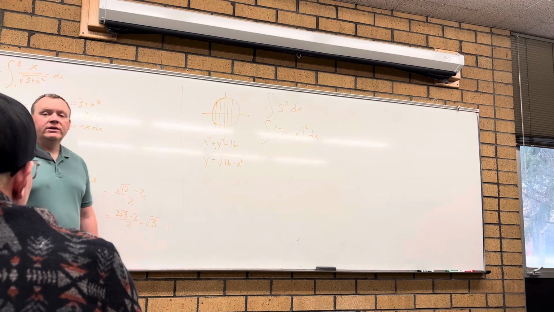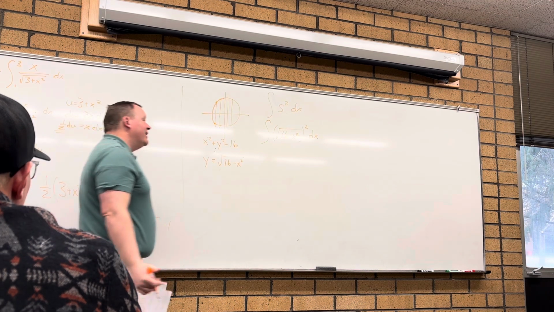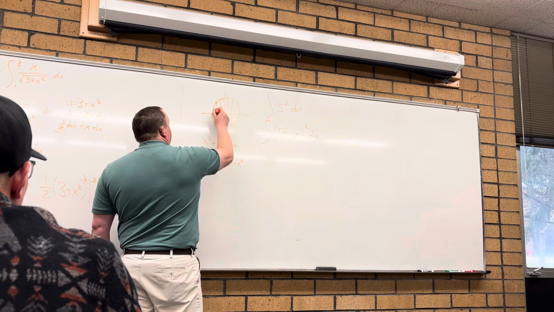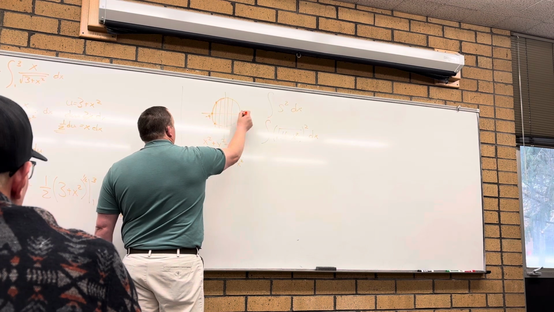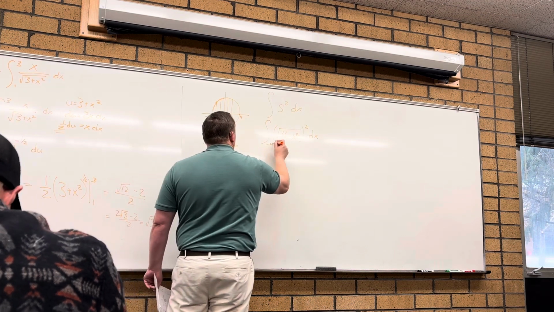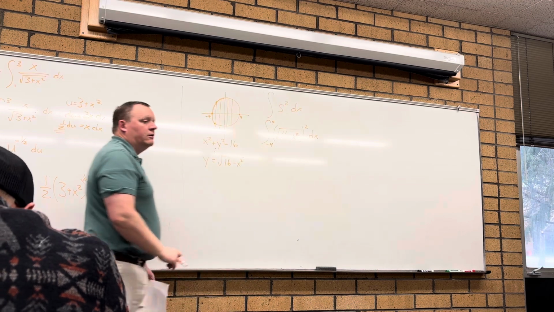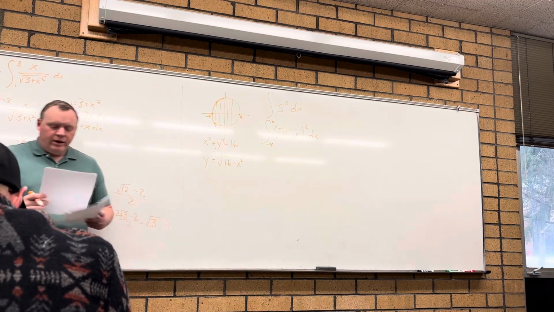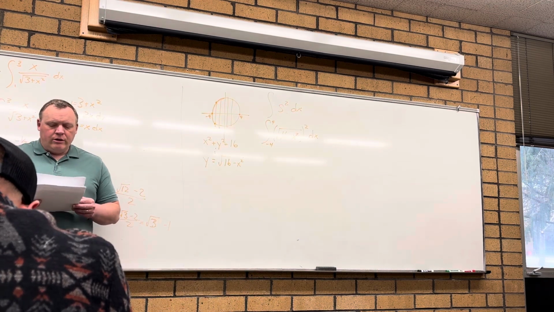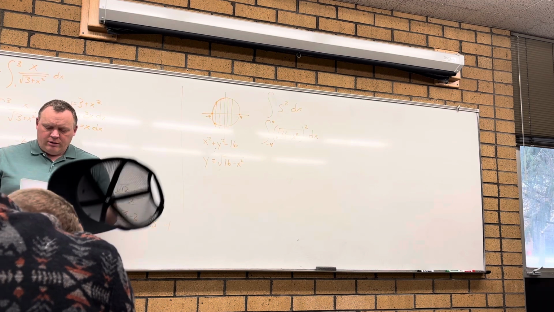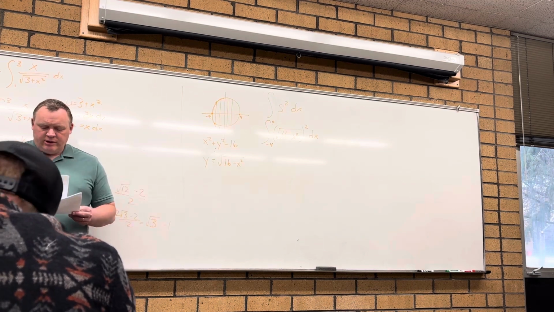I'm just going to integrate 16 minus x squared. And then I need to integrate it for all the x values, so that goes from -4 to 4.